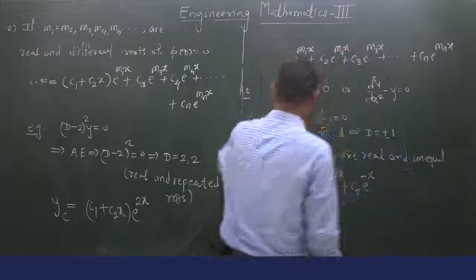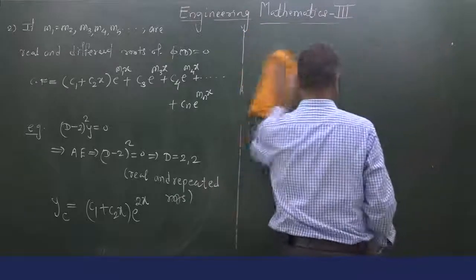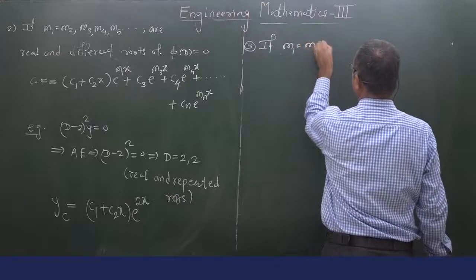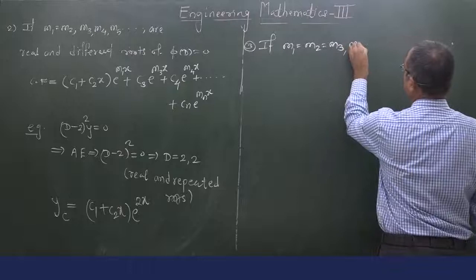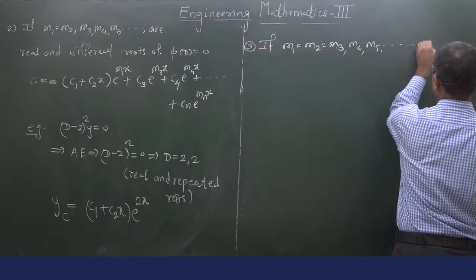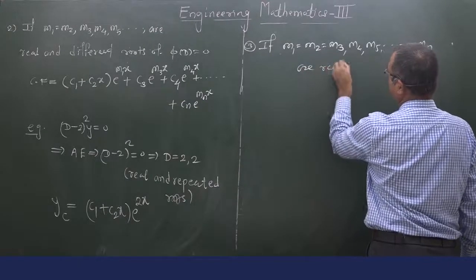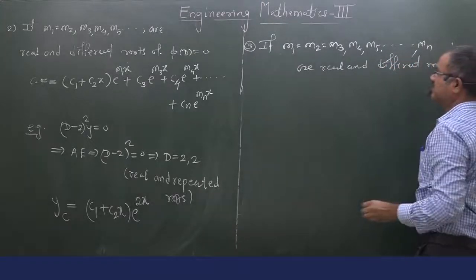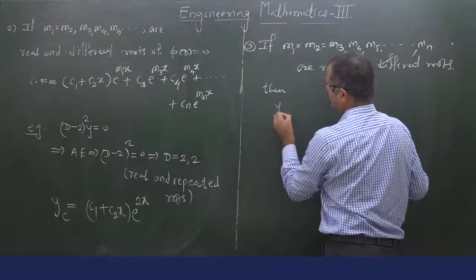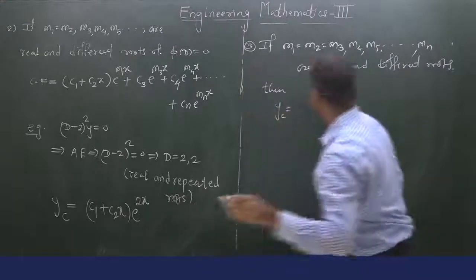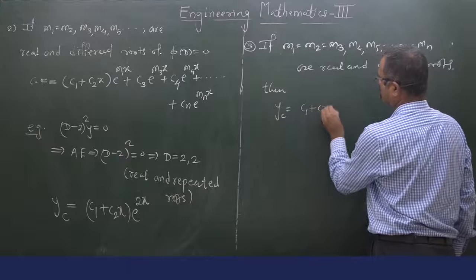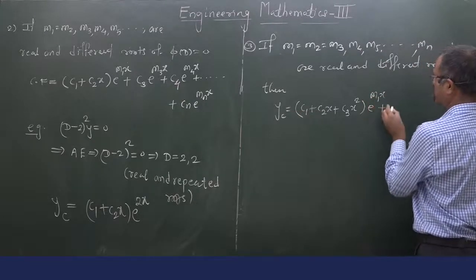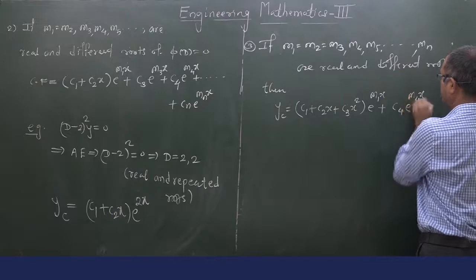If three roots are equal, and others m4, m5 and so on up to mn are real and different roots, then the solution will be y equal to (c1 plus c2x plus c3x square) e to the power m1x plus c4 e to the power m4x and so on.